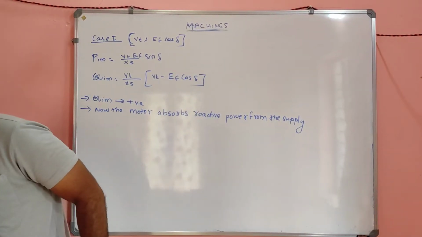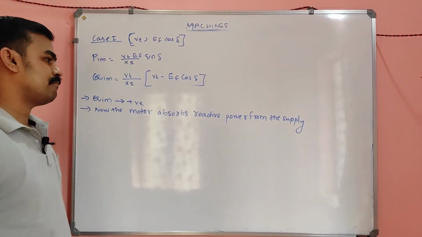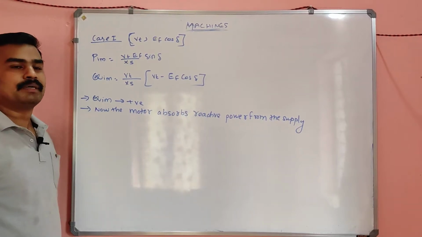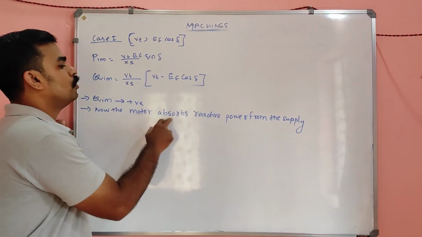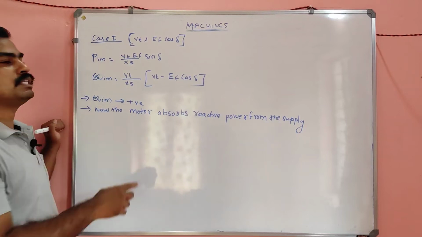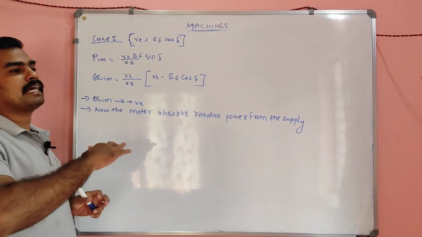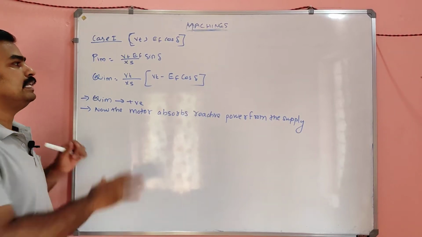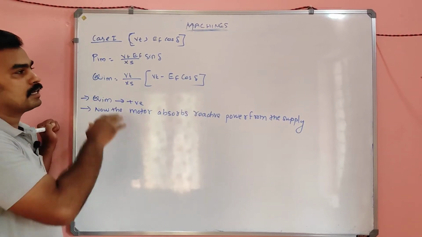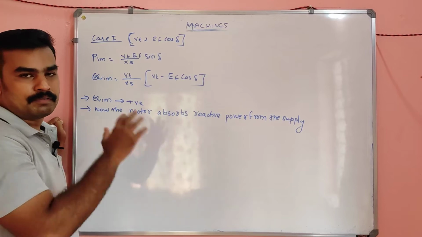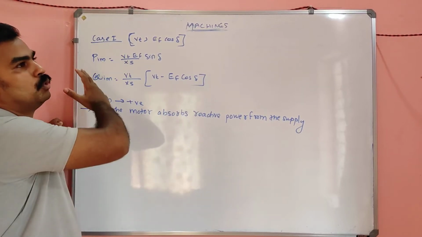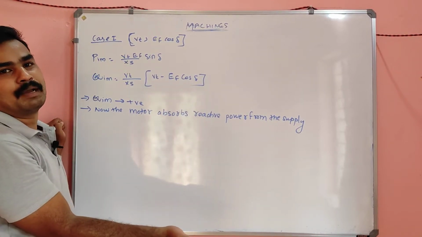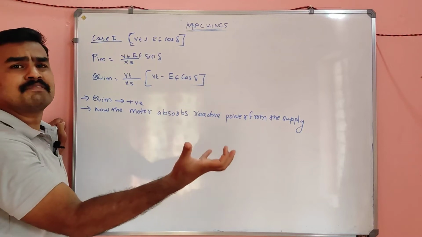So there the load determines the power factor, here the supply determines the power factor. Q positive means the conventional flow of reactive power in a motor is from the source to the motor. Supply to the motor is the conventional direction.